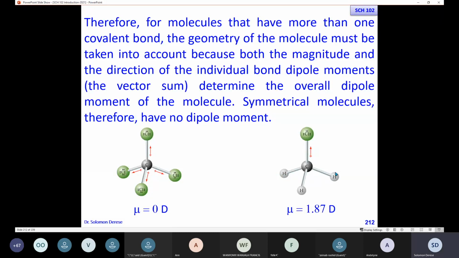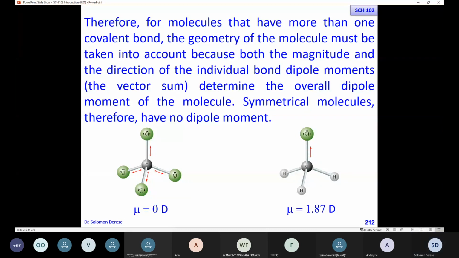Then when you look at the other one, it also has a vertical component which points up, adding its component towards the polarization of the molecule, but the other one is pointing towards this. So we have two horizontal components that are both pointing towards the carbon in opposite directions, canceling out each other.